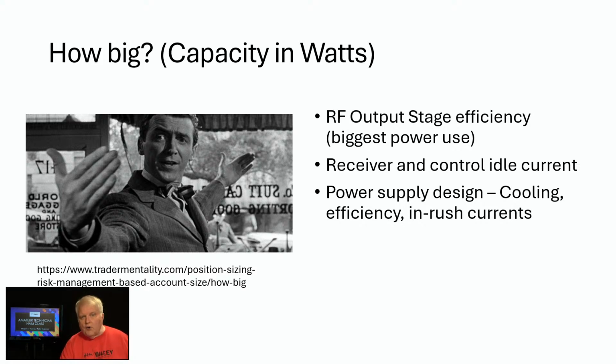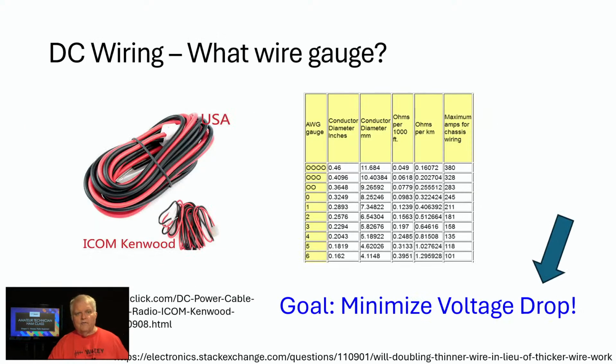Also, when you're wiring your radios, wire has something called ampacity, the amount of current that can be safely transmitted through that wire, and it varies by the gauge of wire. So larger wire can transmit more current.